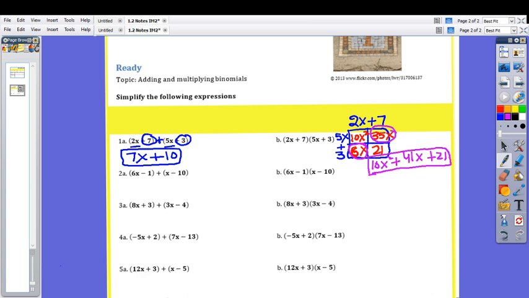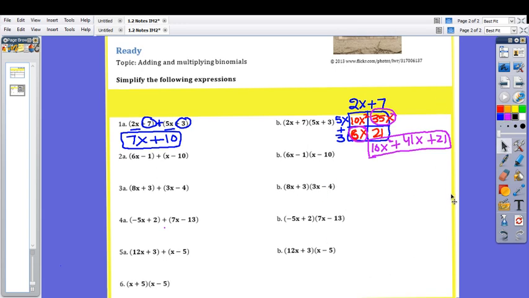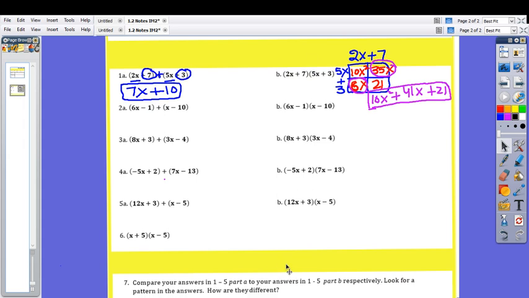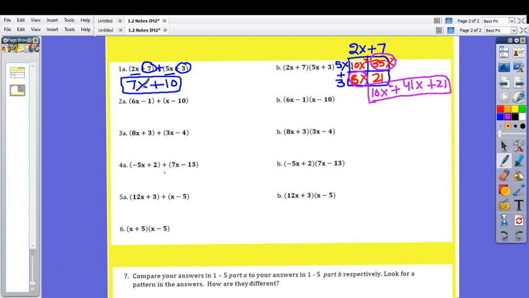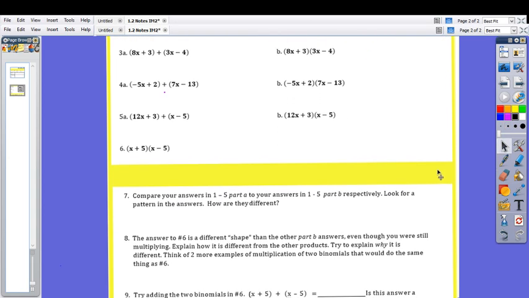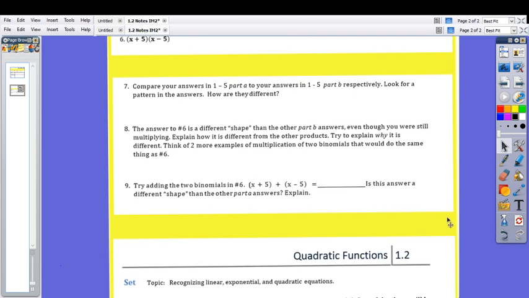So now I want you to do these problems. Again, you have plus between these two binomials, so you just combine the like terms just like we did here, and when you are multiplying like these, it's a better idea to box and then multiply. So try them, and as I showed you, you will be able to do problems 2 to 9.